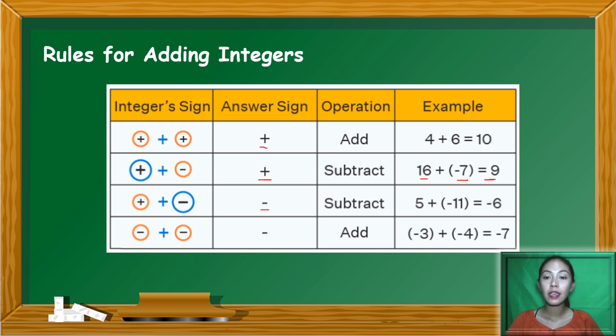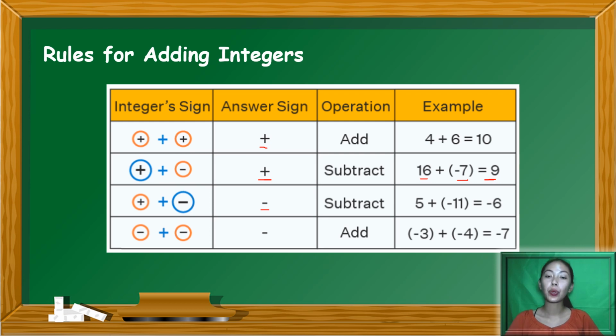As you can see in examples 2 and 3, in 3 the answer is negative. Why? Because we copy the sign of the bigger number. The bigger number between 5 and 11 is 11, and 11 is negative, so our answer is negative.